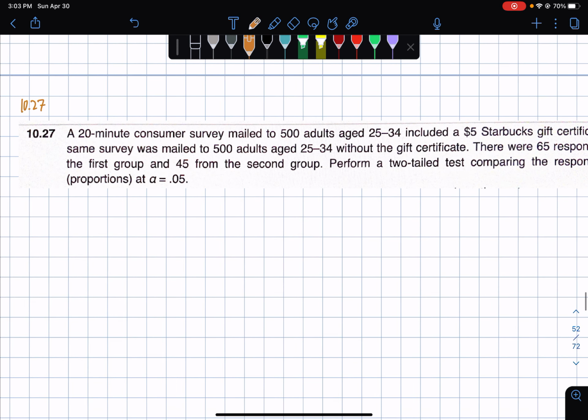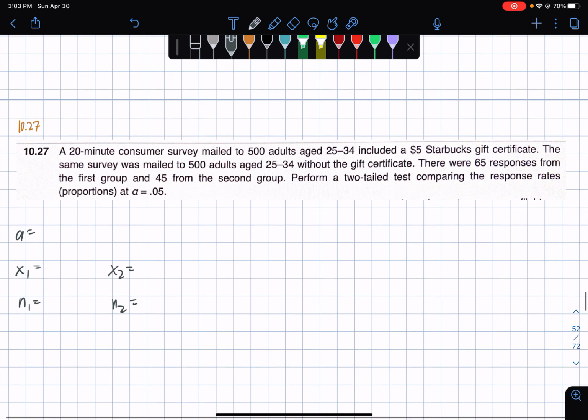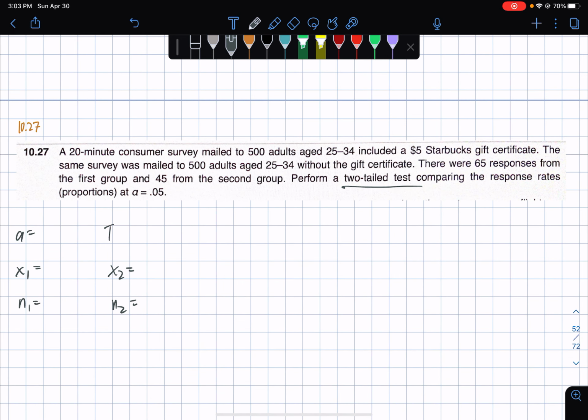So again, x1 and n1, x2 and n2. What tailed test is this? It says perform a two-tailed test, so this is two-tailed. And then a 20-minute consumer survey mailed to 500 adults, that is the sample size, age 25 to 34, with a gift certificate. 65 responses from the first group, 45 from the second group.